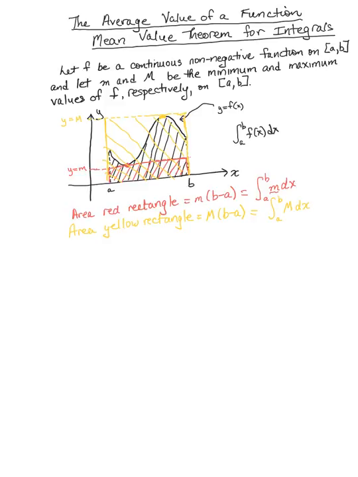Now, the next step is to compare the areas: the actual area under the curve with the area of the red rectangle formed by the minimum and the area of the yellow rectangle formed by the maximum. And we can see that the area of the red rectangle, which is little m times b minus a, is certainly less than the area under the curve.